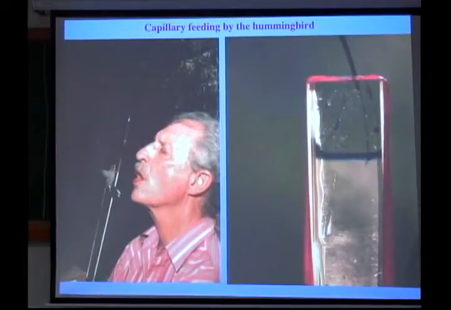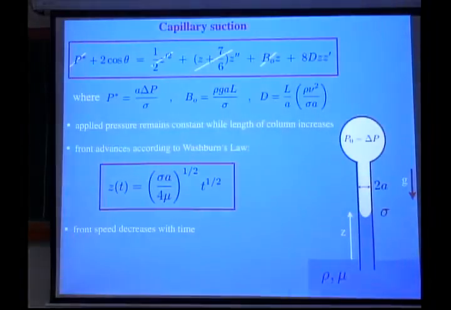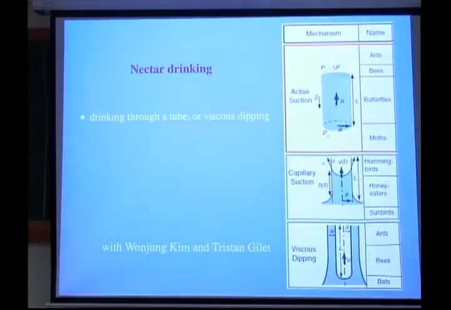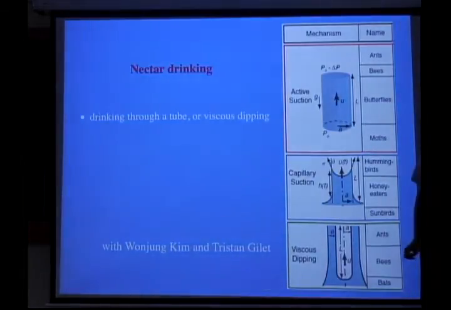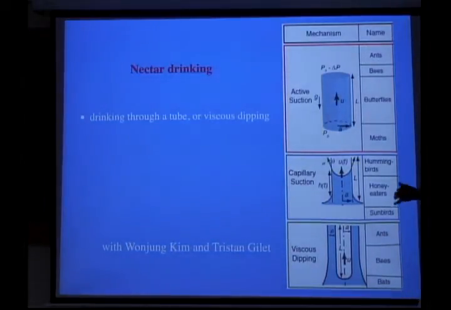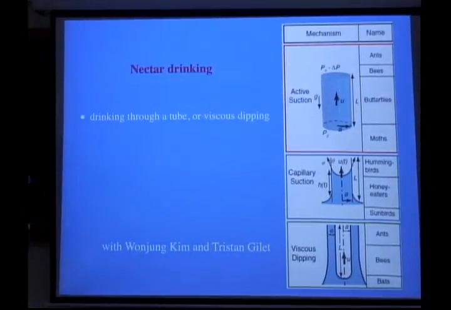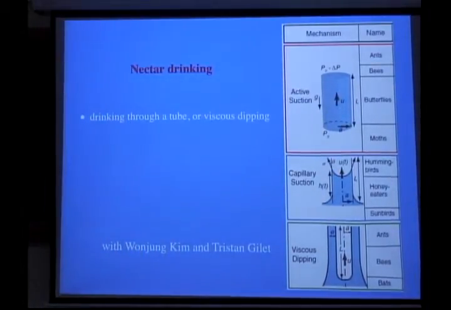In any case, you can see basically the fluid goes up and then it withdraws its tongue, it unloads, and then it dips again. But it's basically loading through the use of capillarity. So that basically allows us to rationalize all of those creatures that use tube drinking.